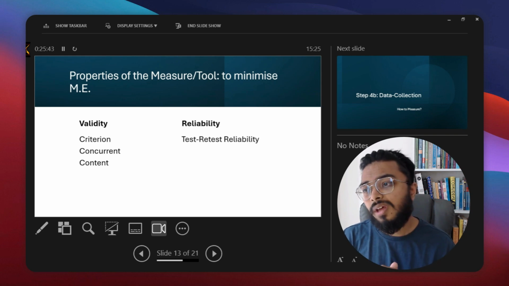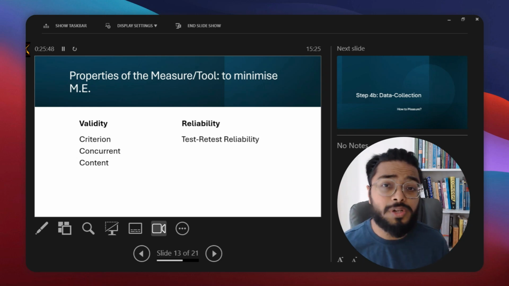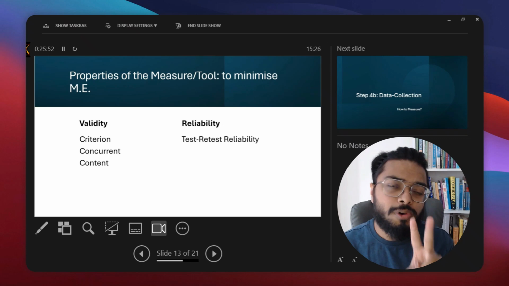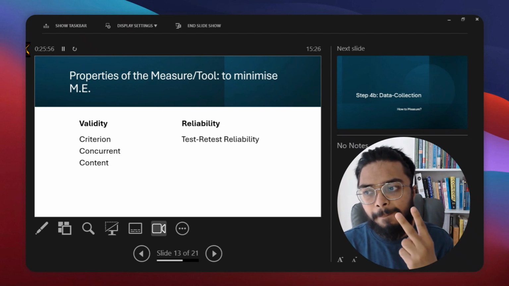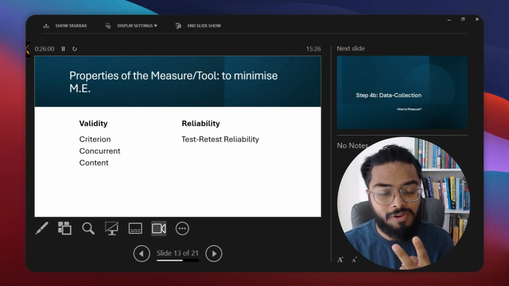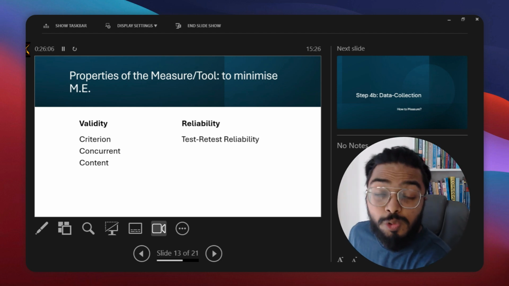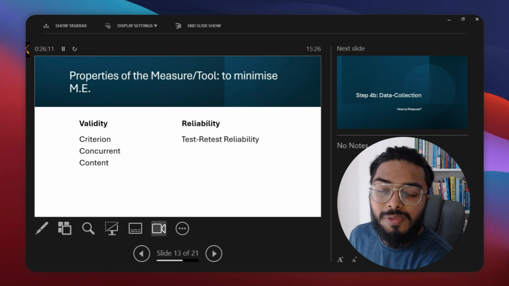And to do that, there are two properties. When we are talking about questionnaires, for example, we are talking about two properties of this tool that we need to make sure we have got right, or at least have high values, which would mean that there are lesser chances of these tools introducing measurement error and we get the most accurate data possible.